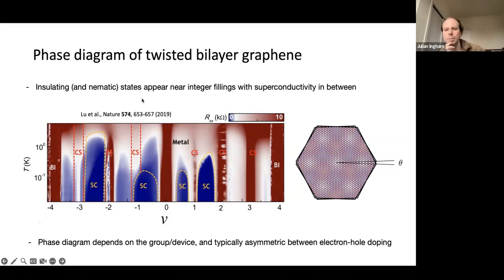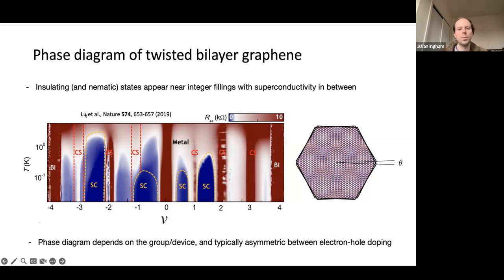Now the phase diagram differs from group to group and differs depending on the device and a bunch of other factors. But broadly speaking, the key features that everyone observes are insulating features at integer fillings, nu equals 1, 2, 3, etc., with superconducting domes in between integer fillings.